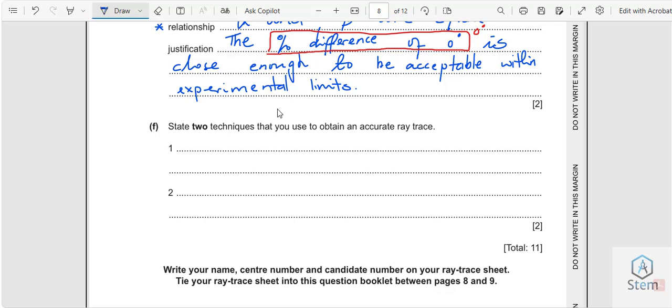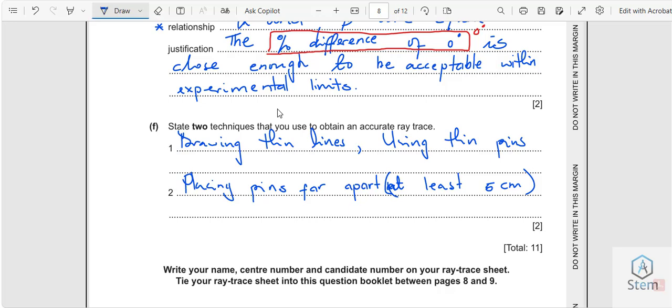Some techniques to obtain an accurate ray trace sheet include drawing thin lines, using thin pins, and placing pins far apart from each other.